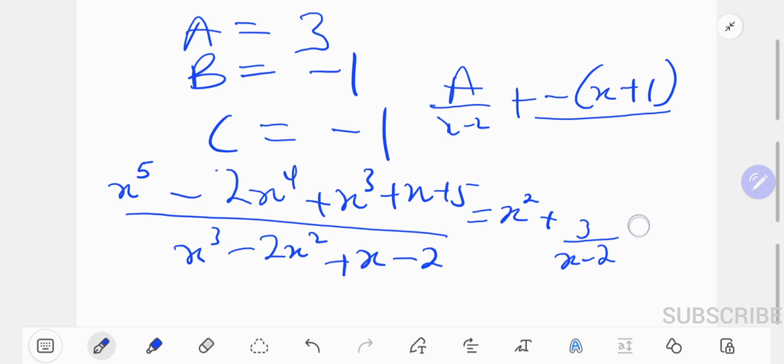Because there's a minus and then a plus here, we can just ignore this one and write it as negative. So that will be minus x plus 1, and the whole of this dividing the quadratic factor. Okay, so this will be our final answer.